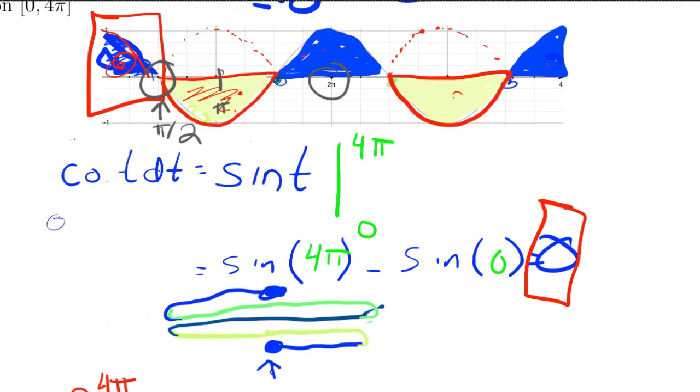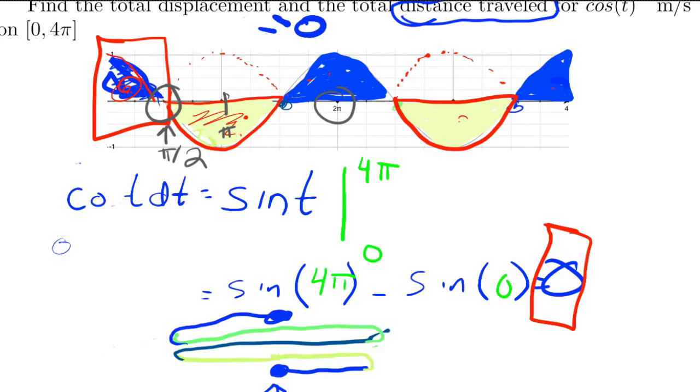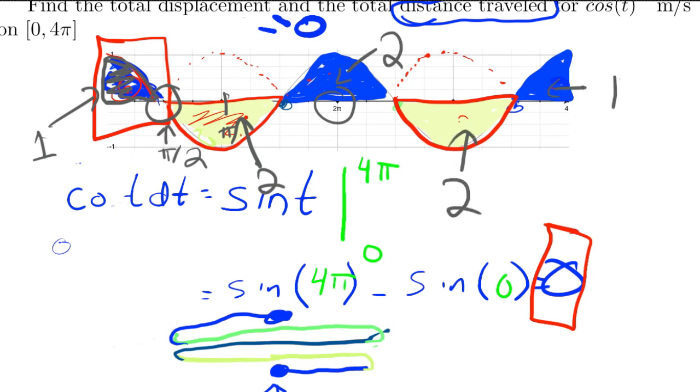Notice how many chunks of the same size you have. So this is one chunk. This is twice the size. This one's twice the size. This one is twice the size. And this one is the same exact size as the first one. So basically, I find this area, it's going to be a positive number, and then I'm going to multiply it by however many I have. So I have 8 pieces exactly like this one.